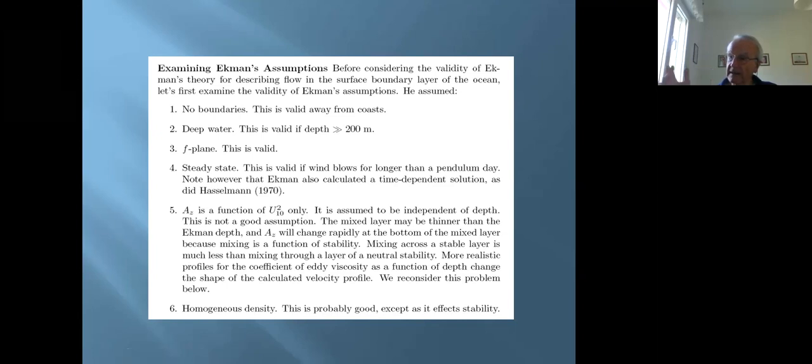We have seen in one of our previous slides that the density changes very strongly due to the seasonal heating and cooling in the first 50 meters. This is a relatively thin surface layer, which allows us to assume homogeneous density with respect to 400 meters. What is the typical depth of the Ekman layer?